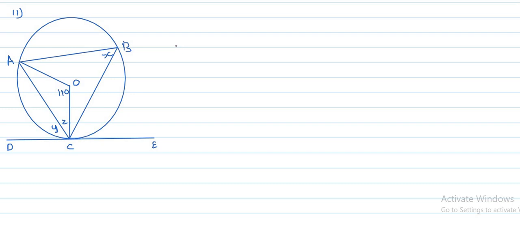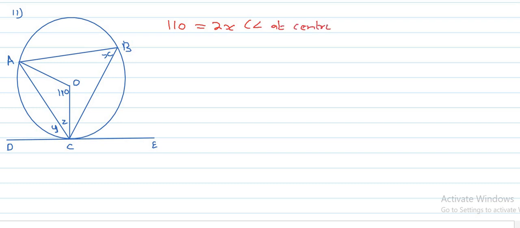We are required to calculate the value of X, Y, and Z. Then we're going to start with the value of X. We're going to say 110 will be twice the value of X, reason being angle at the center is equal to twice angle at the circumference.